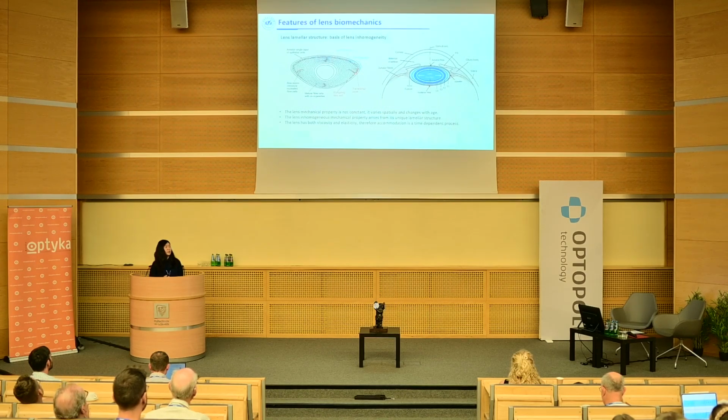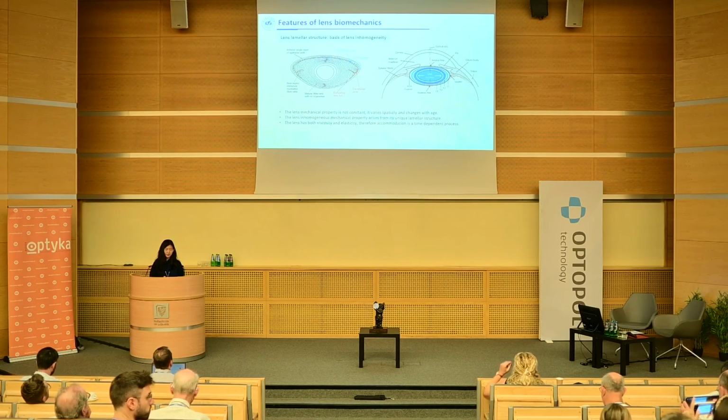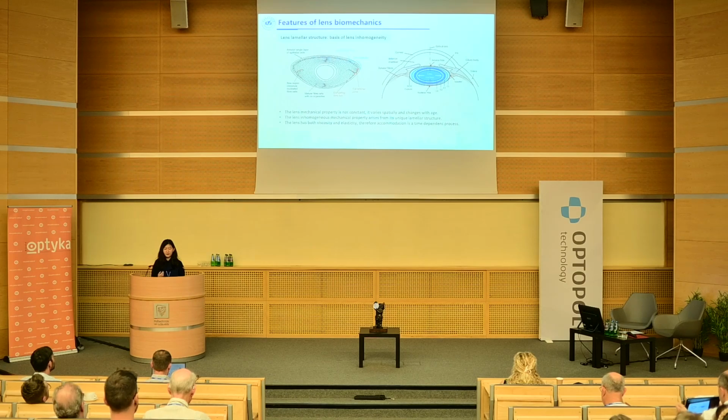In the engineering world, we have the saying that structure determines property. So to understand the lens biomechanics, we need to look at its structure. The lens, we know, is a laminar structure which contains long, thin fiber cells compactly packed within the lens capsule, layer by layer.